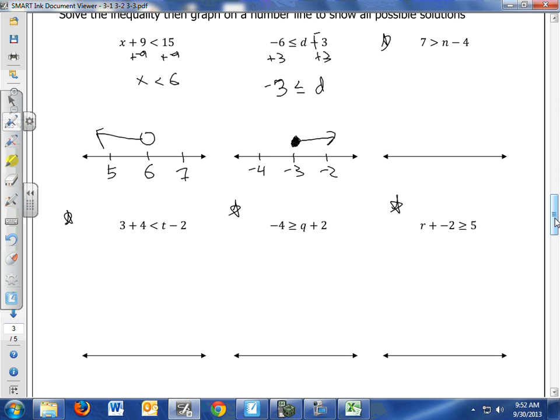My solutions are less than or equal to -6. -4 plus -2, that's -6.